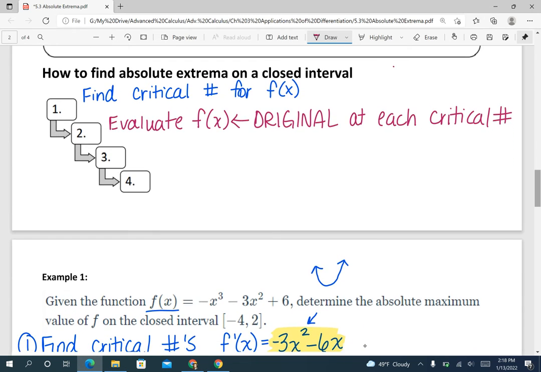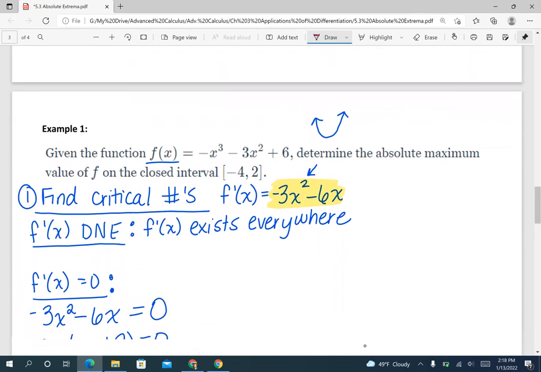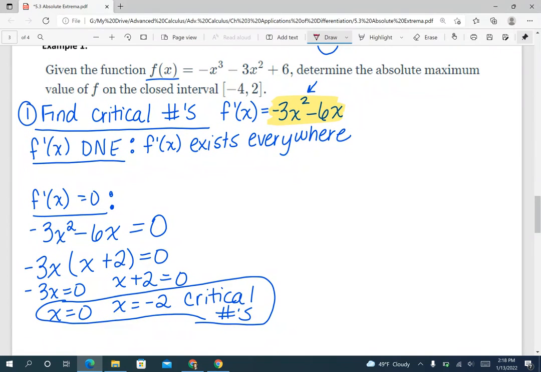Okay, I'm going to evaluate the original function at the critical numbers. So that means I'm going to take my original function and evaluate it at each of those critical values.